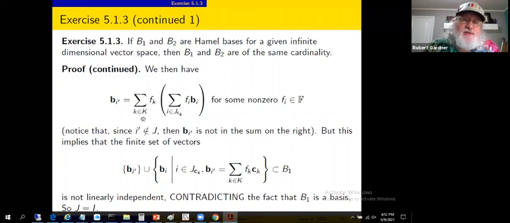So we still have a finite sum, f sub k times the c sub k's. We've just expressed the c sub k's in terms of basis B sub 1. The f sub k's, some of them are non-zero because we're not dealing with a 0 vector. These were basis vectors as well. This is not a 0 vector. The f sub k's, some of those are non-zero of necessity as well.